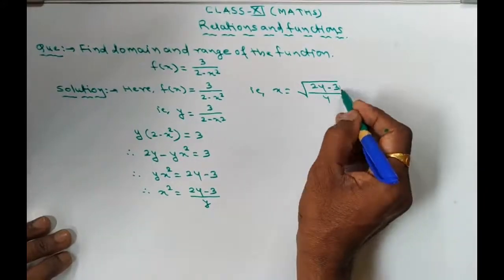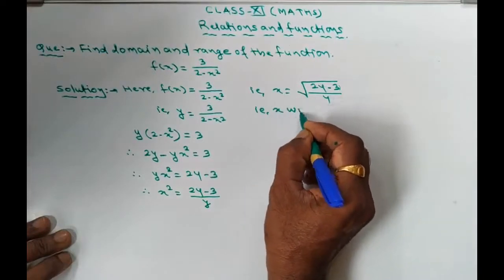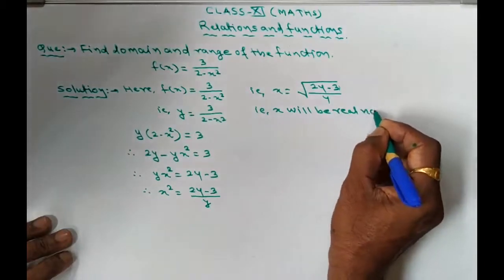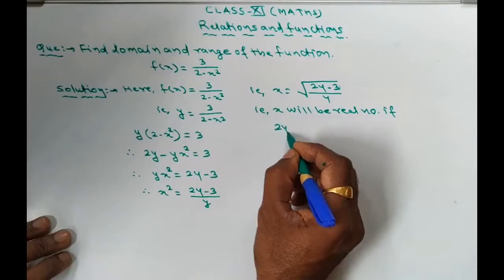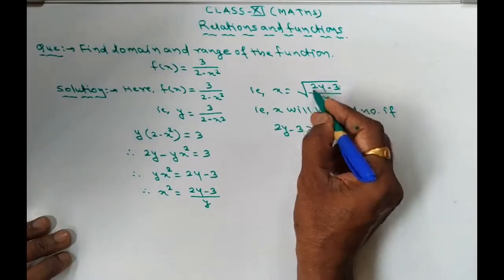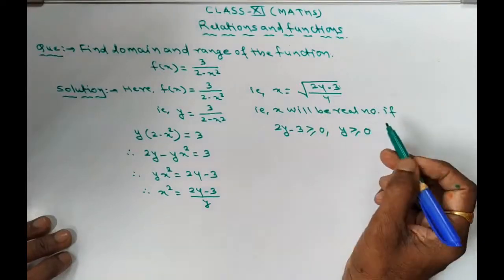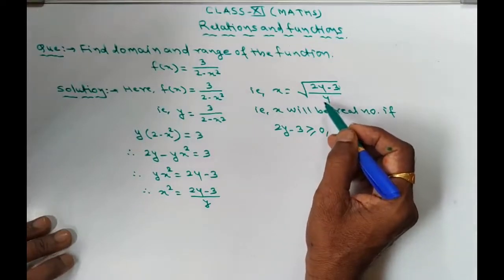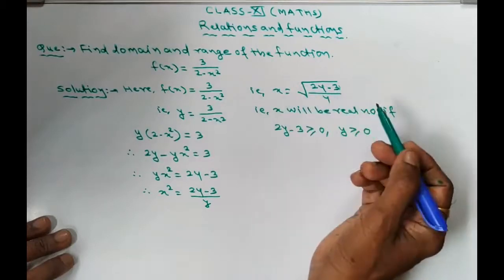So this should be positive, that is here x will be a real number if here this 2y minus 3 should be greater than or equal to 0. The upper value should not be negative, and y should be greater than or equal to 0. This 0 will not work, if this is 0 it will be non defined, right? And this value you always need positive, only then we will get a real number.